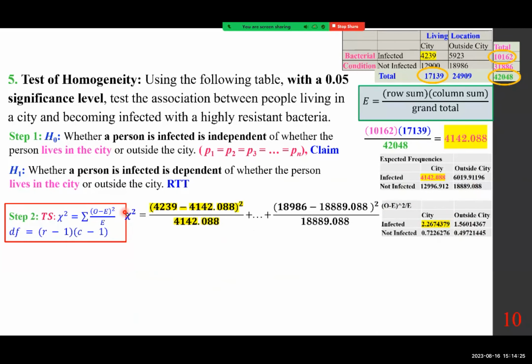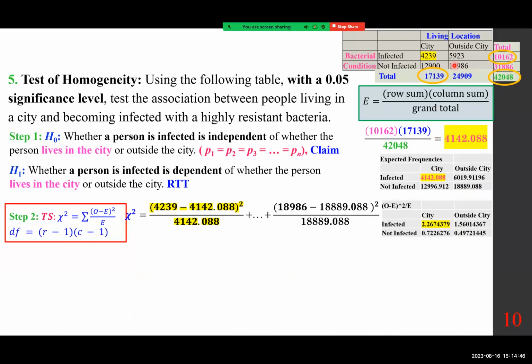Or say this number, 4,142.088 minus 4239, or vice versa. It doesn't matter which one, because you're going to square that. But it is important to divide by the expected value.